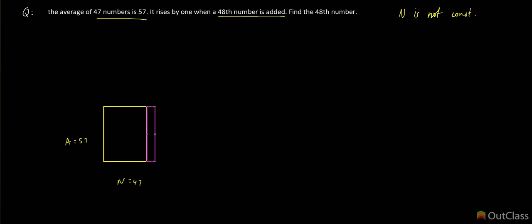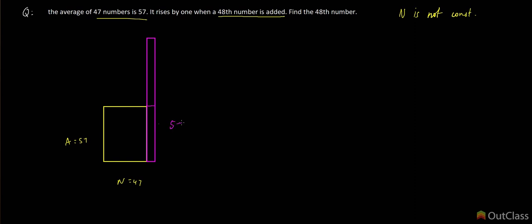So the 48th observation needs to bring in a 57 just to maintain the average, and it needs to bring in more than 57 to raise the average, and the excess beyond 57 is the part that causes the rise in average. So this is basically what it looks like.